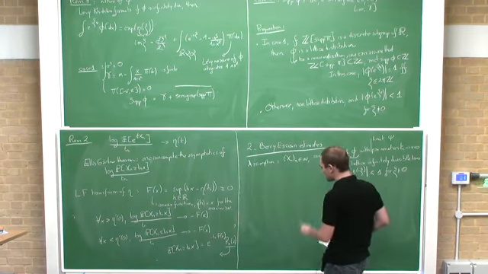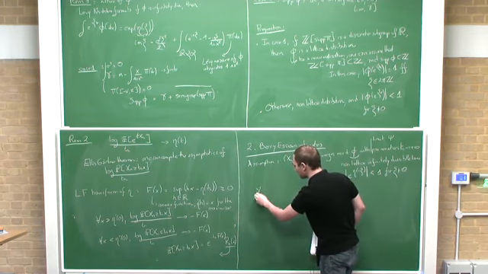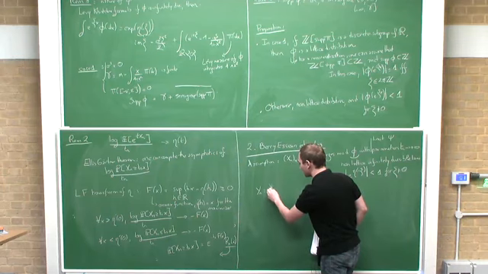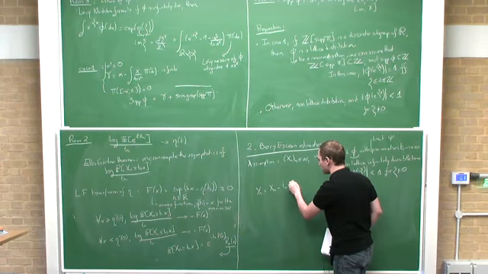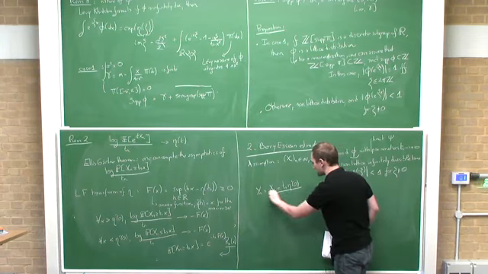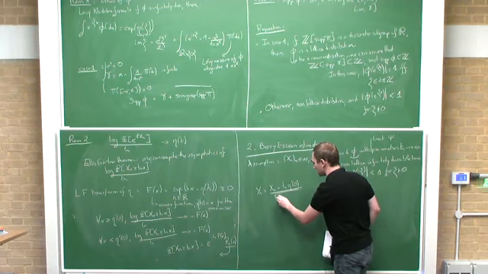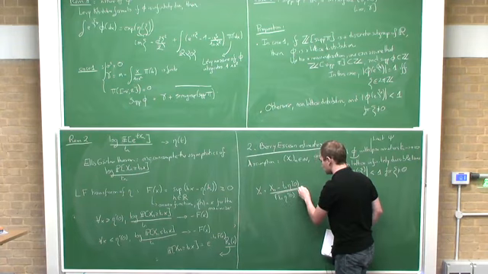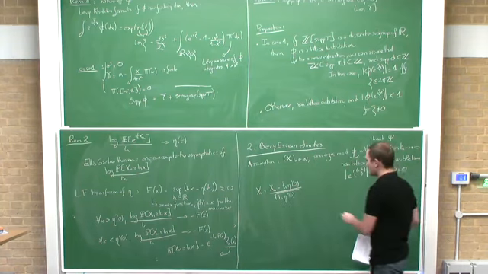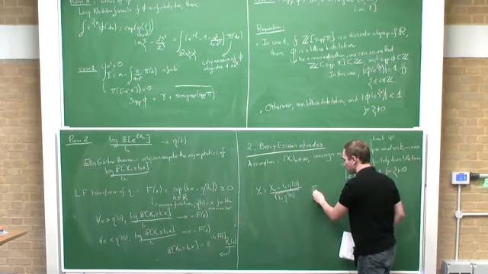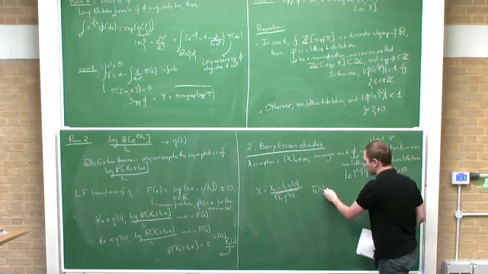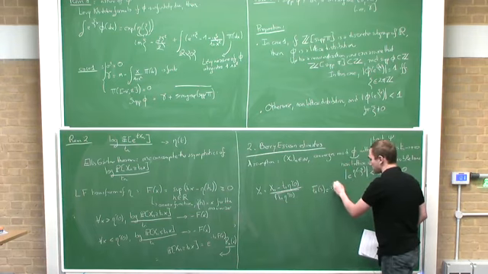Okay, so the theorem is the following. I will introduce a normalization of Xn, Yn, so it's Xn minus Tn eta prime of 0, divided by square root of Tn eta second of 0. Okay? And I denote Fn the cumulative distribution function for Yn.